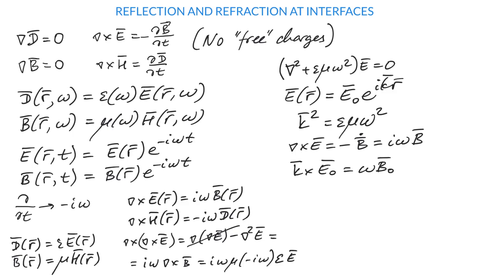So this gives us the connection between the amplitudes of the E and B fields for the plane wave. Now let's introduce the wave number k, defined as k squared equal epsilon mu omega squared.